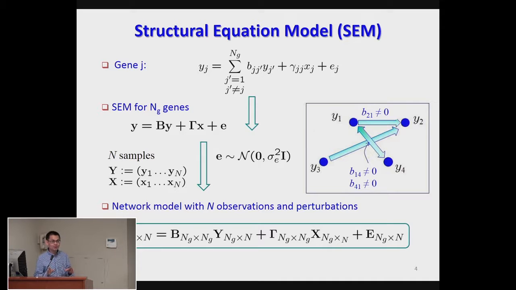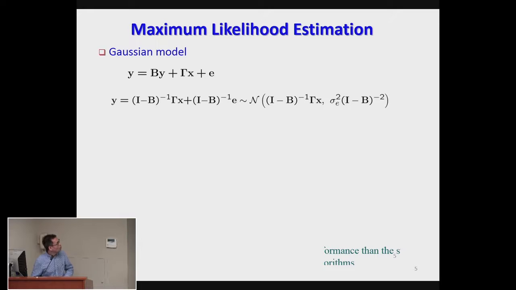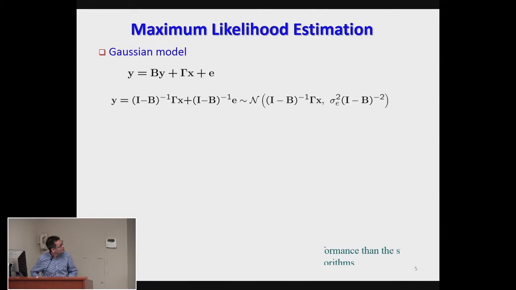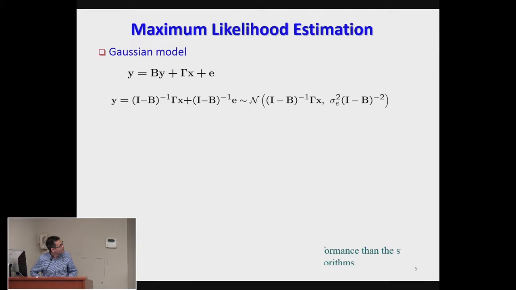But what we know about this matrix is that it is sparse, which means although we don't know which numbers are non-zero, we know there are a lot of zeros in this matrix. Using this property, we form an optimization problem again.